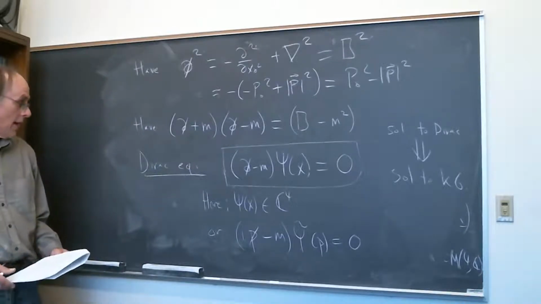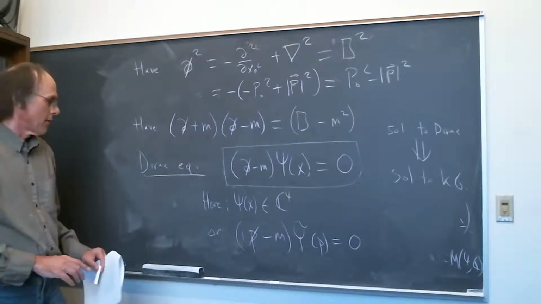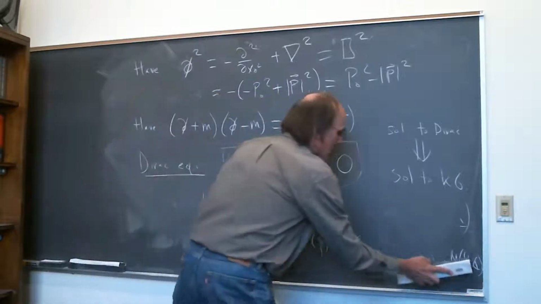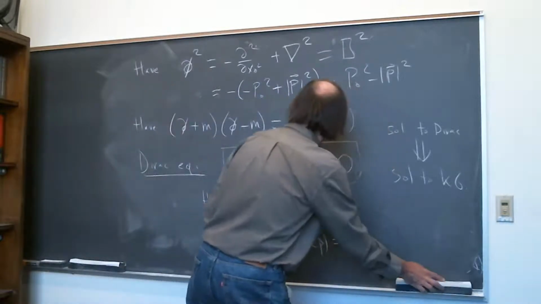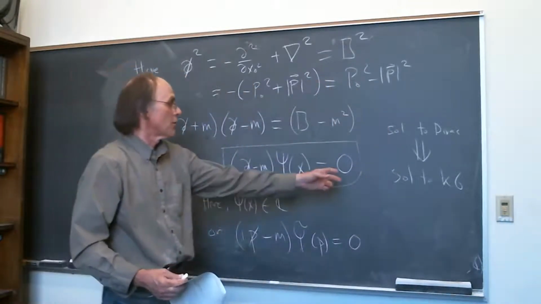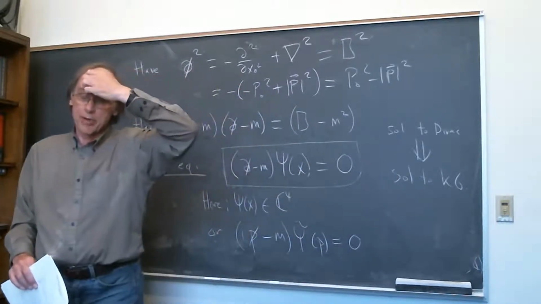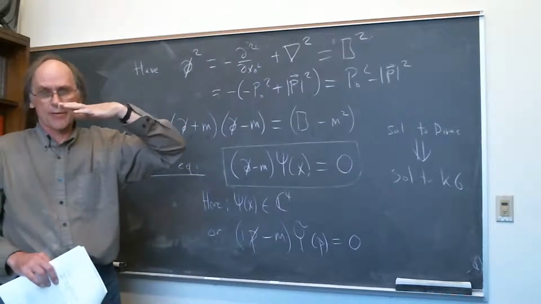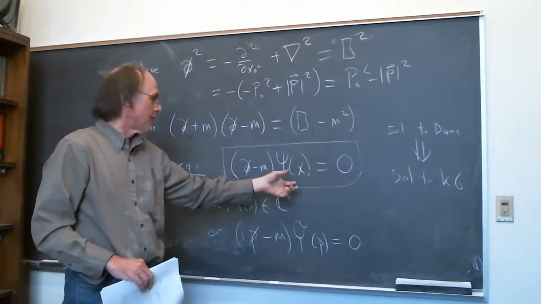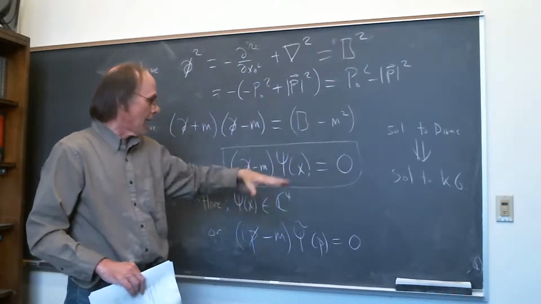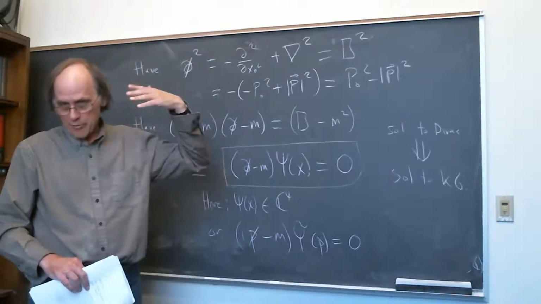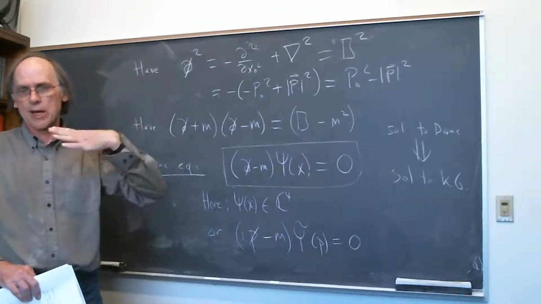The other thing to notice is that the Klein-Gordon equation was second order. So if you wanted to specify a solution, you had to specify the values of psi and the time derivative of psi at time equal to 0.